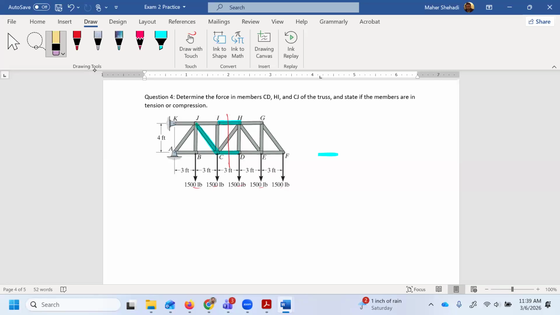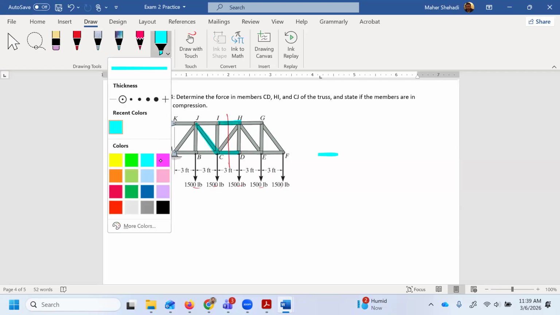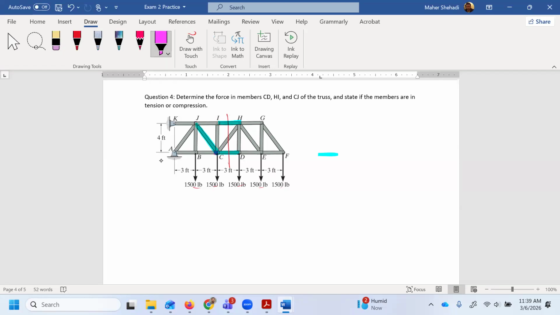So what's the plan here? How do we solve this? I can cut through this, solve for HI, solve for CD and HC, and then use the method of joints, but only for one joint, which is joint C here, to solve for CJ.